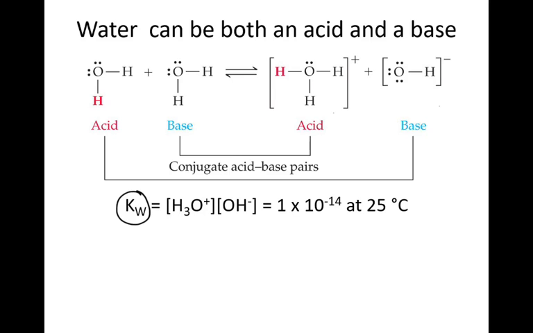So whenever you see Kw, you know that that refers to this reaction where we have water molecules becoming H3O plus and OH minus. So that is always Kw. And we also know that the value of Kw at 25 degrees C is equal to 1 times 10 to the minus 14.